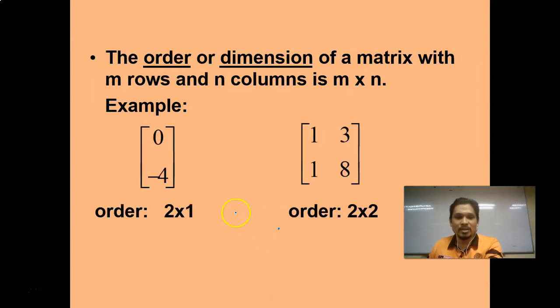This one here has row 1, row 2 and column 1, so it is 2 times 1. And this one has row 1, row 2, column 1 and column 2.